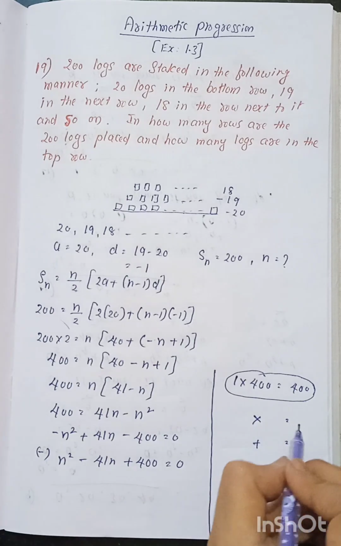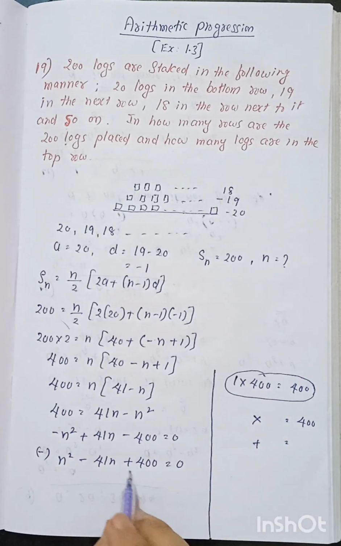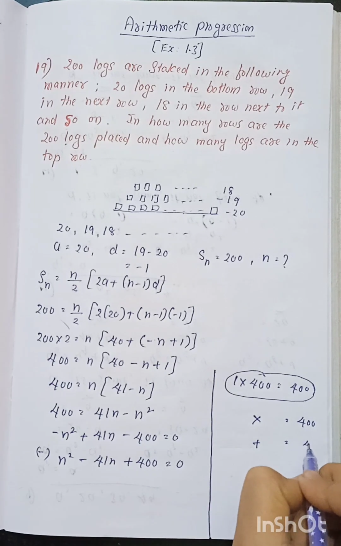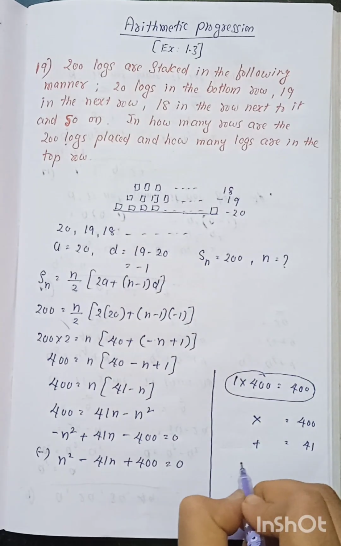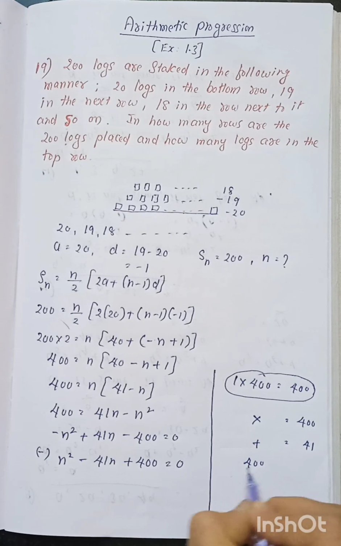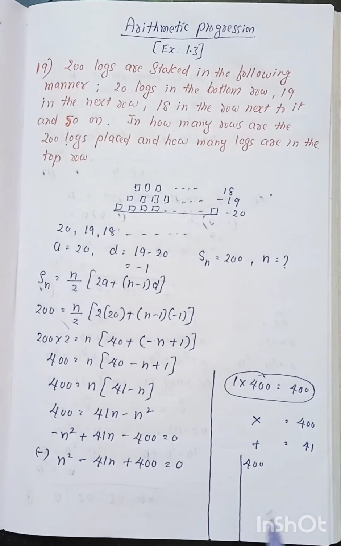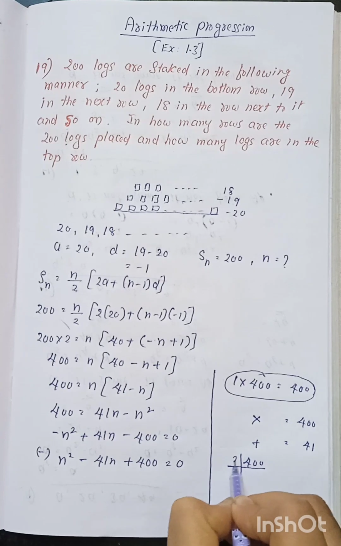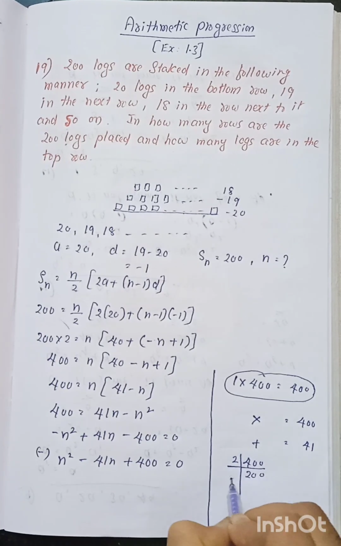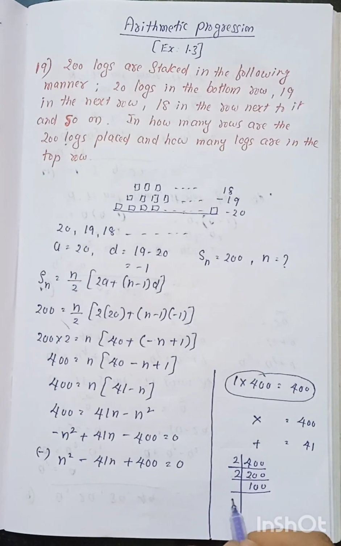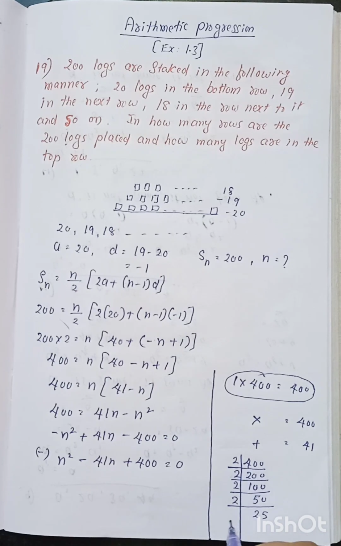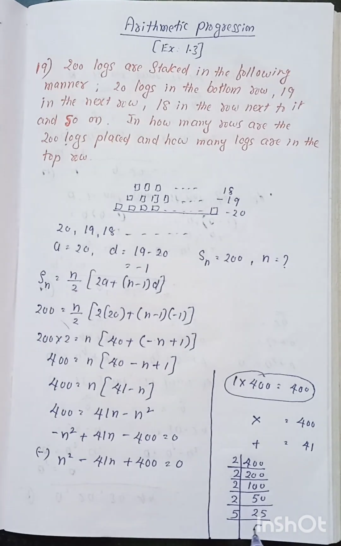Now we have to take such numbers that if we multiply we should get 400, and if we add we should get 41. We have to select that type of numbers. So let's take the LCM for this, 400. 2 2s are 4, 2 1s are 2, 2 50s are 100, 2 25s are 50, and finally we can take 5 into 5.